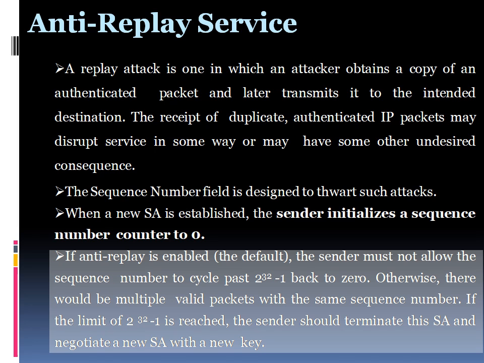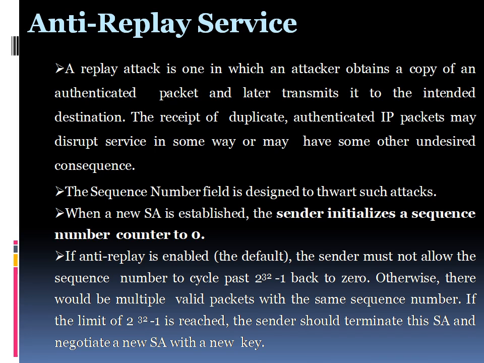If anti-replay is enabled, which is the default, the sender must not allow the sequence number to cycle past 2^32 minus 1 back to 0. Otherwise, there would be multiple valid packets with the same sequence number. If the limit of 2^32 minus 1 is reached, the sender should terminate this SA and negotiate a new SA with a new key. So the maximum value of the sequence number that is allowed is 2^32 minus 1.